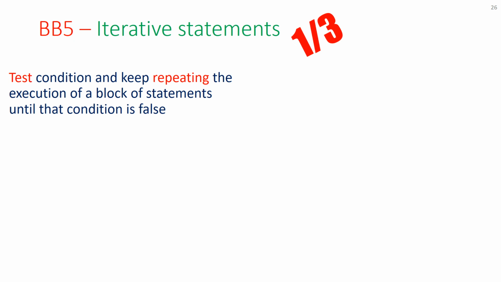It looks at the condition and evaluates it. If it's true, this one. If it's false, this one. An iterative statement is also a composite statement. It contains 1 block of code. And now the whole question is, how many times do I keep repeating that block of code?